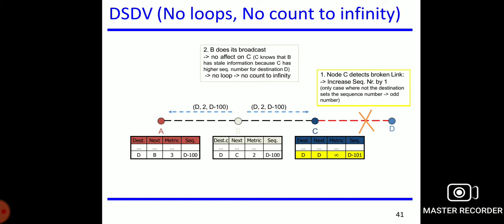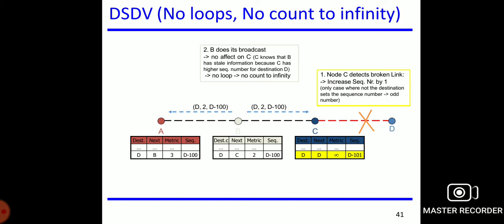So when B does its broadcast, there is no effect on C. C knows that B has stale information because C has a higher sequence number for destination D. Similarly, when node C detects the broken link, it increases the sequence number by 1.